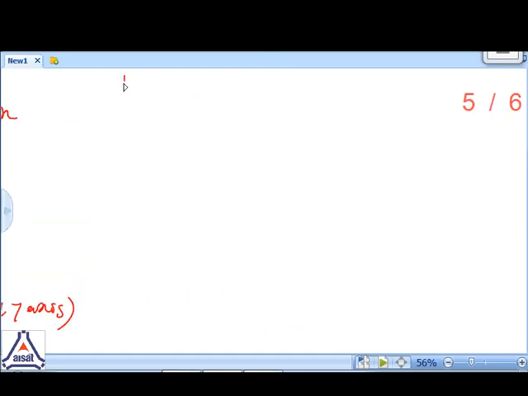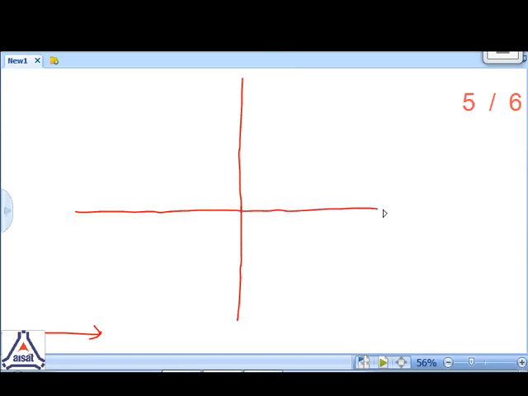So, again we are going through an example. I am going to draw a 4-quadrant system, then it will be more clear. Consider a triangle like this, and this is x-axis, y-axis, origin.